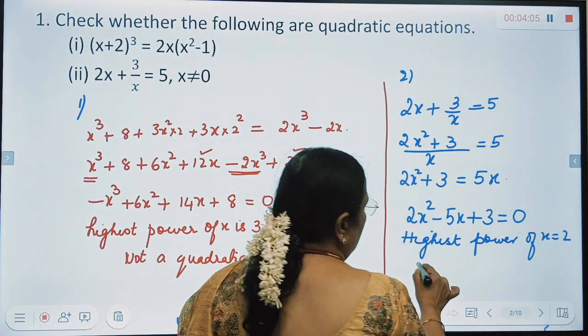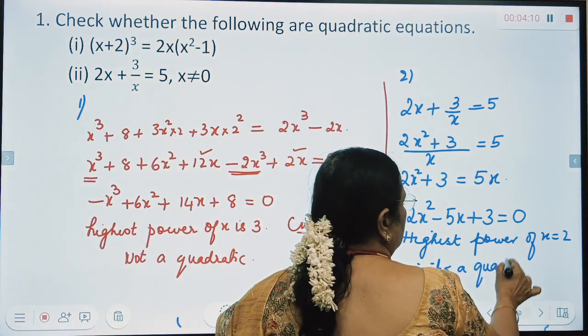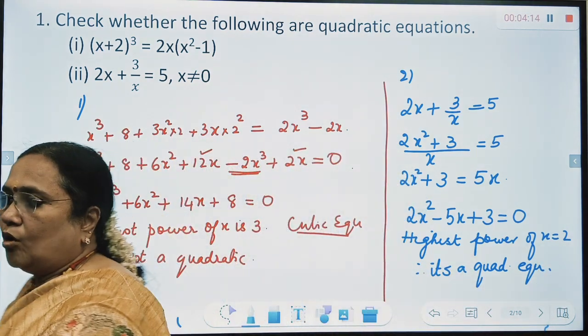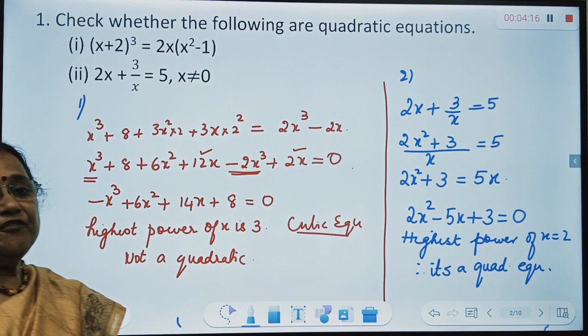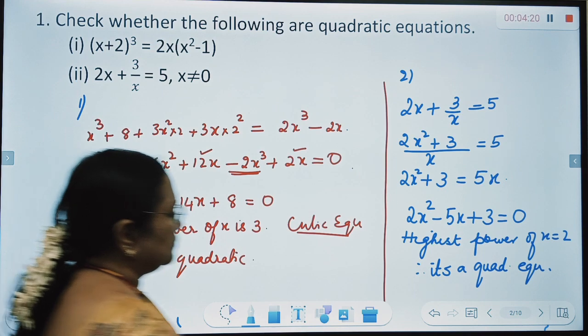So it is a quadratic. Therefore, it's a quadratic equation. Are you able to follow how to identify? Sometimes simplification helps us to understand the equation much better.